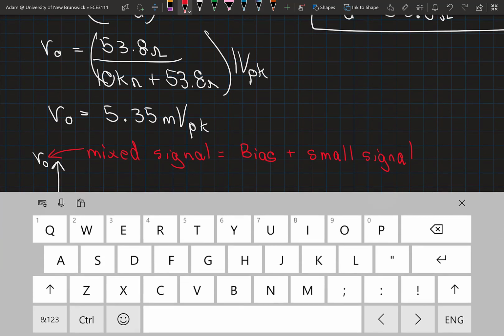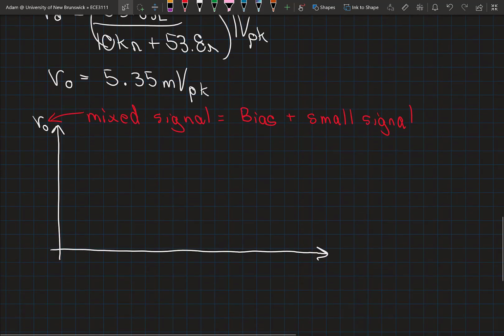My bias is setting my output at 0.7 volts, so this is due to my bias.